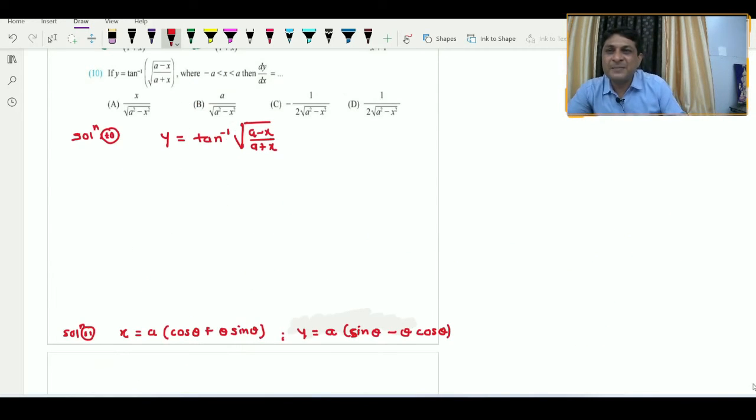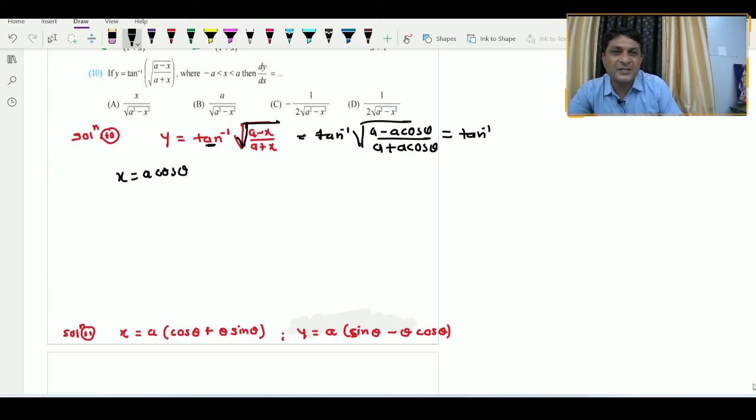Now see example number 9. Here we can easily observe that this is an inverse trigonometric function. So in such cases we use the substitution method to simplify this example. So here our substitution is x is equal to a cos theta. If I substitute x is equal to a cos theta, let us see what we will get. Tan inverse of under root a minus a cos theta divided by a plus a cos theta, which is equal to tan inverse, keep it as it is.